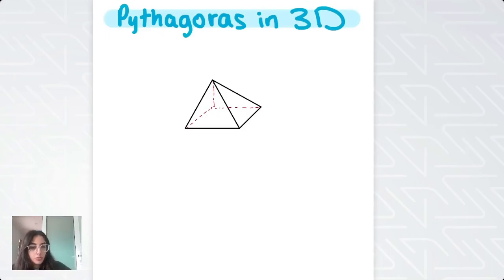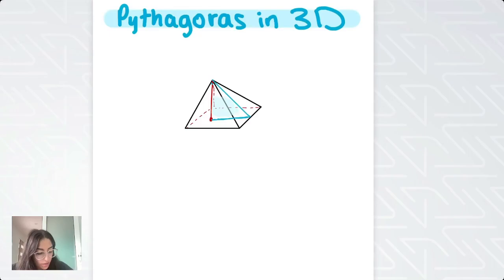And then I'm going to draw. So can you guys kind of see how I can cut out a right angle triangle from a square pyramid? Yeah.